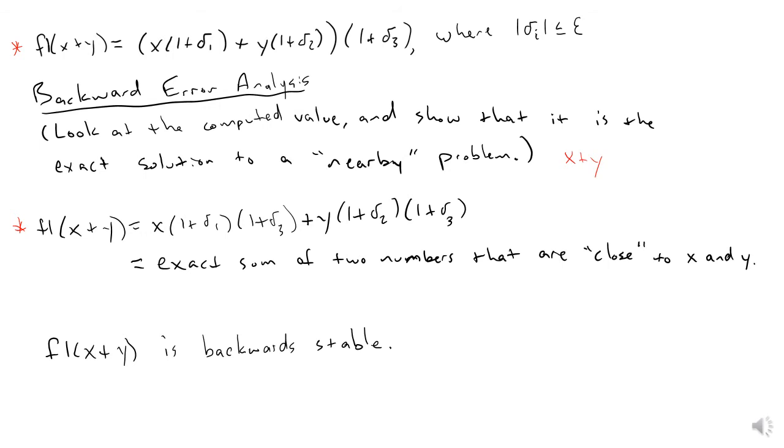Really all I'm doing is taking this 1 plus delta 3, that entire quantity, and distributing it into the parentheses to those two terms inside the parentheses. So you have x times 1 plus delta 1 times 1 plus delta 3, plus y times 1 plus delta 1 times 1 plus delta 3.